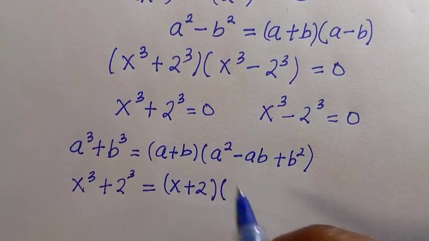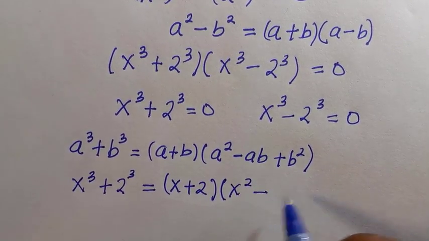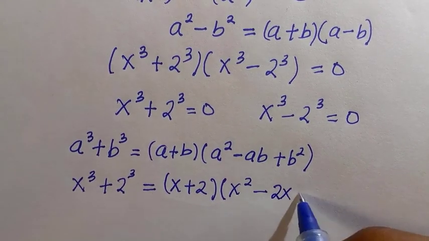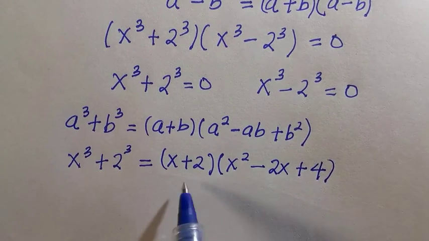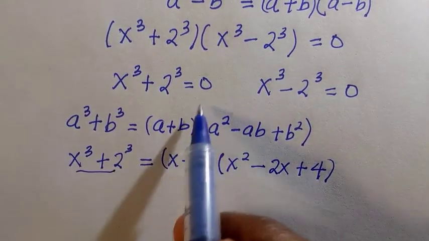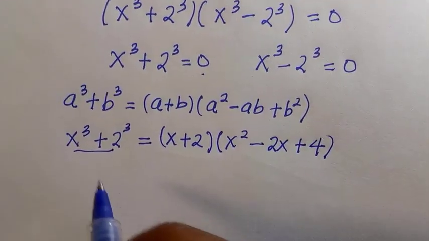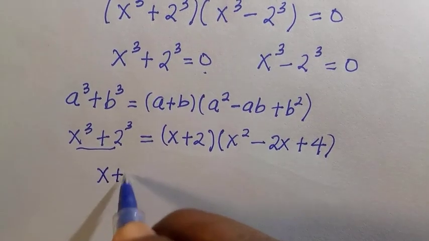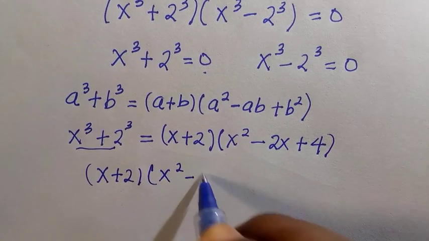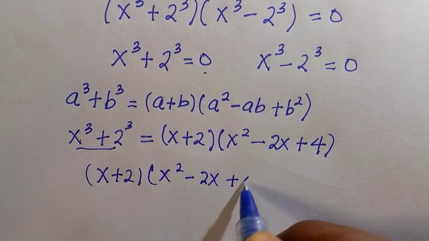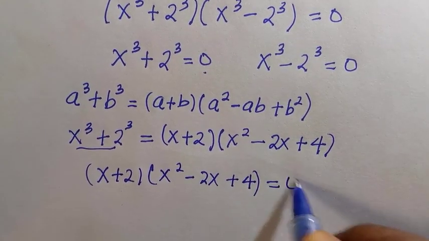We have x plus 2, bracket x square minus 2x plus 2 raised to the power 2, that is 4. And x raised to the power 3 plus 2 raised to the power 3 equals 0. So by replacing it, we have x plus 2 bracket x raised to the power 2 minus 2x plus 4 equals 0.